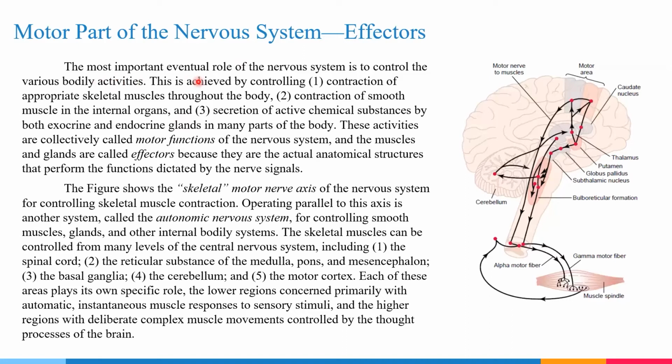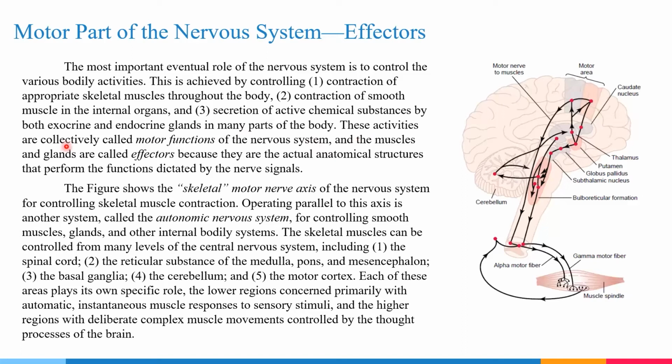The most important eventual role of the nervous system is to control the various bodily activities. This is achieved by controlling, first, the contraction of appropriate skeletal muscles throughout the body; two, the contraction of smooth muscles in the internal organs; three, the secretion of active chemical substances by both exocrine and endocrine glands in many parts of the body.